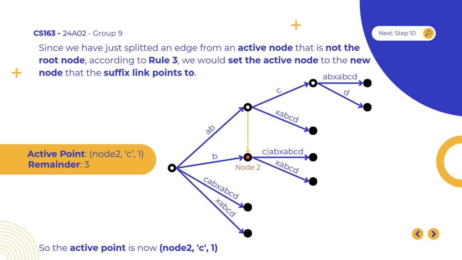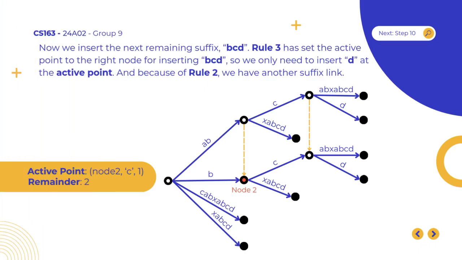The remainder is still 3, so we need to add more suffixes. Adding the final character D at that point causes another split, like that. So because of rule 2, we just have another split in the same step. So we need a suffix link right there.